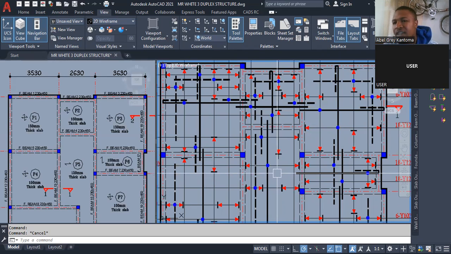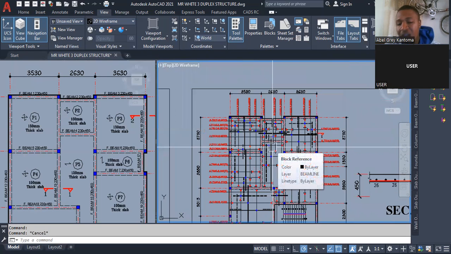That is the reason why it is called a one-way slab, and the other is called a two-way slab. I have explained how you can get your one-way and two-way by a simple calculation. When you do your Ly over Lx, you'll be able to know whether it is a one-way slab or a two-way slab. In a one-way slab, your main reinforcement spans along the short span. Please take note of that.